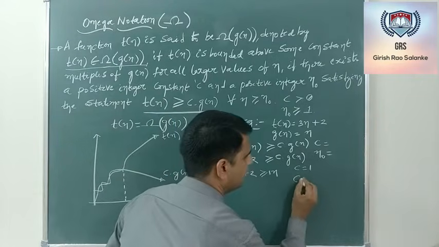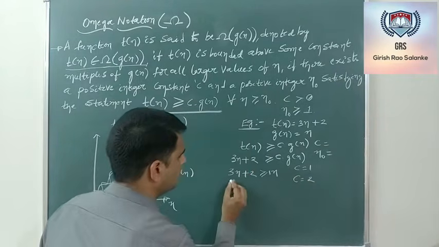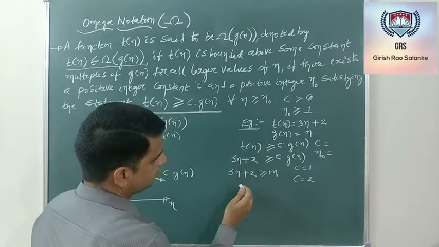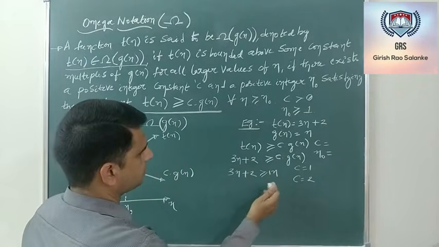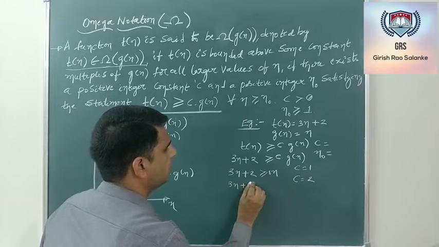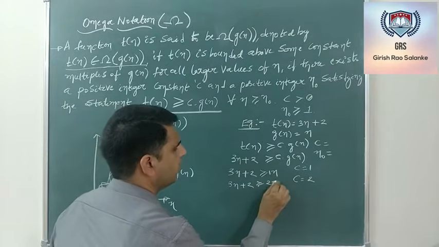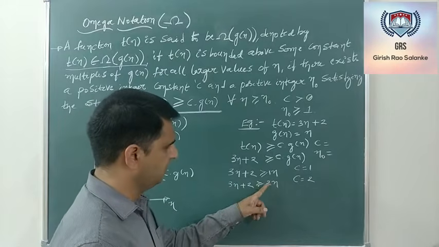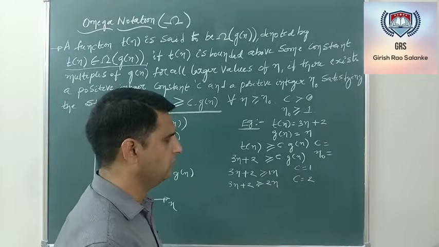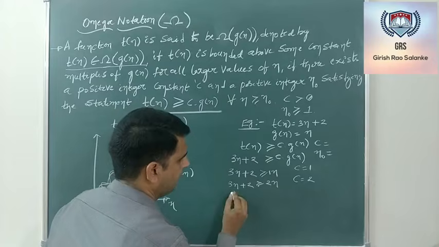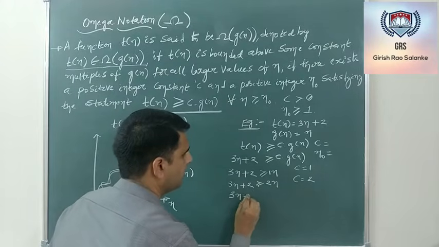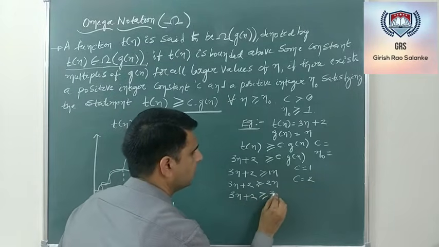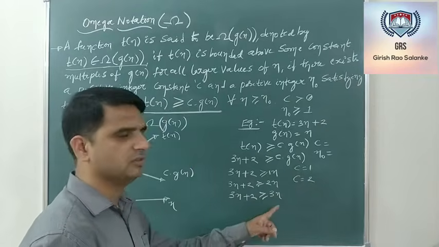Now c equals 2: 3n plus 2 greater than or equal to 2n. Even this looks fine. Now let me take c equals 3: 3n plus 2 greater than or equal to 3n. Even this looks fine.